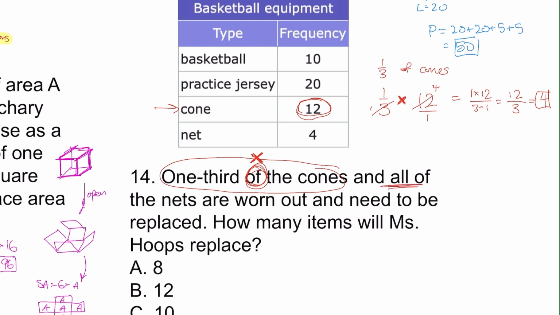And now all of the nets are worn out, so you have to add all the nets, which in this case is 4. So you get a total of 8. 8 items in total, which is choice A. So here you have the keyword of, which means multiply, and then you have to add.